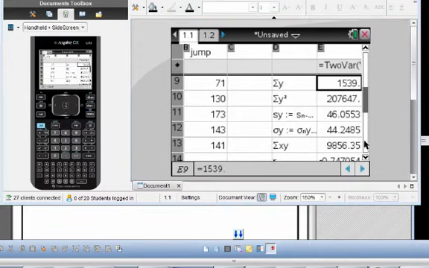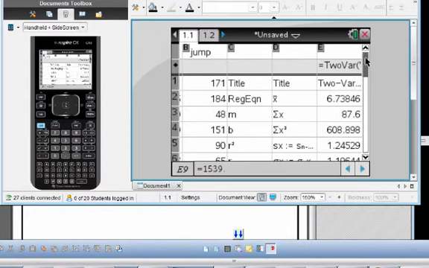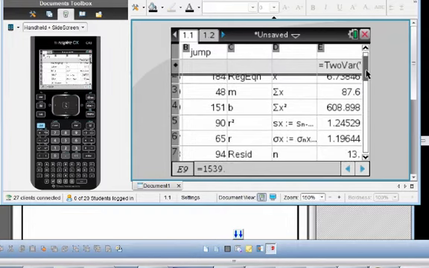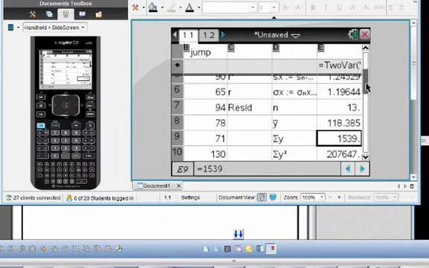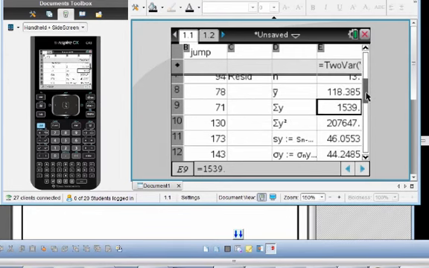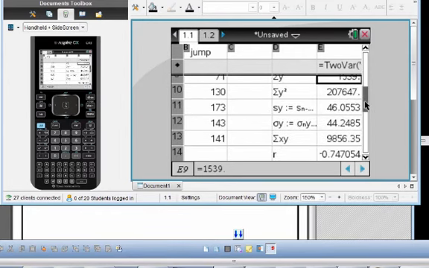Now we've got all the data here: the mean, the standard deviation of x, the y mean, the standard deviation of y, and there is r.